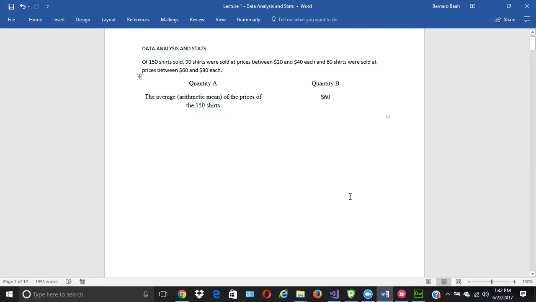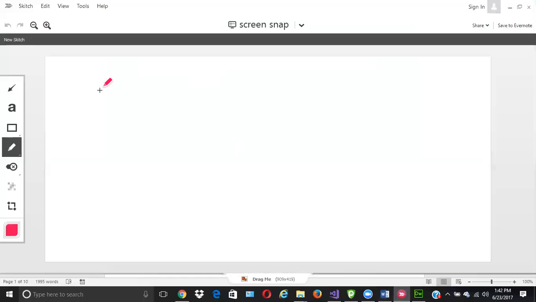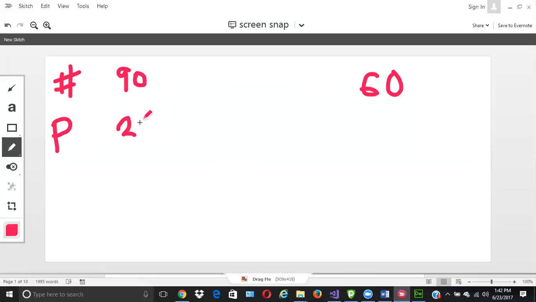So in general, if you have items, let's say 90 shirts here and 60 shirts here, and so I'll just put number here, number of shirts, and then P for price. If the price of the 90 shirts was 20 and the lower price for the 60 shirts was 60, then essentially you could calculate a weighted average.